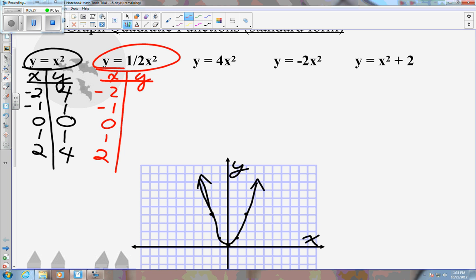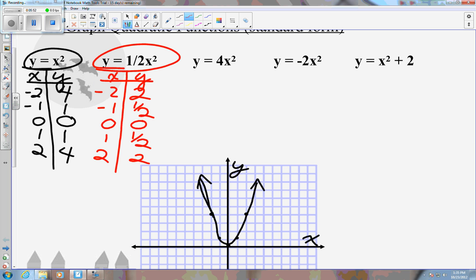So now, this is x squared. I take it times a half. So 4 divided by 2 is 2. 1 times a half is a half. 0 times a half is 0. 1 times a half is a half. And 4 times a half is 2.